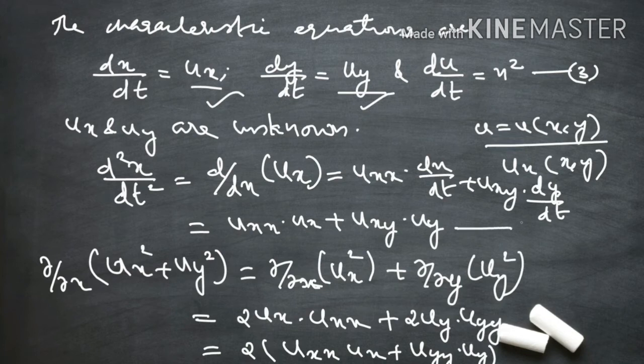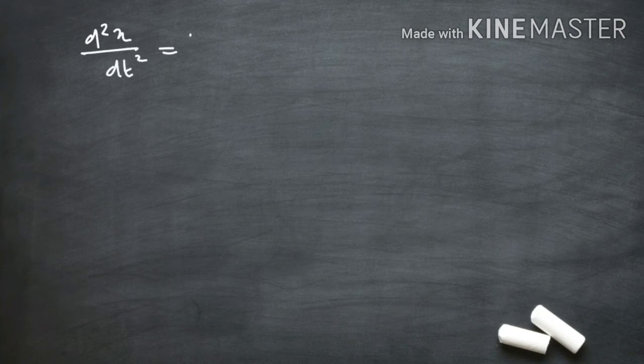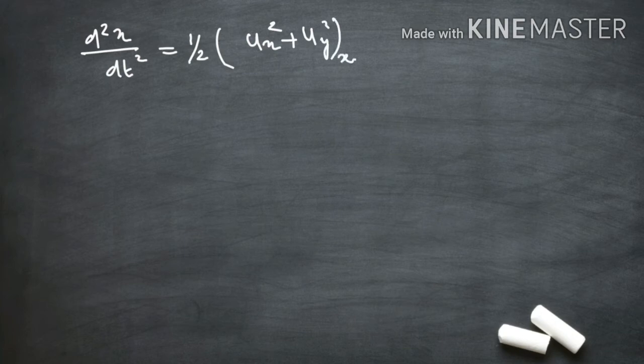So comparing equation number 4 and 5, we can see that d square x by dt square is equal to half into the partial derivative of (ux square plus uy square) with respect to x.